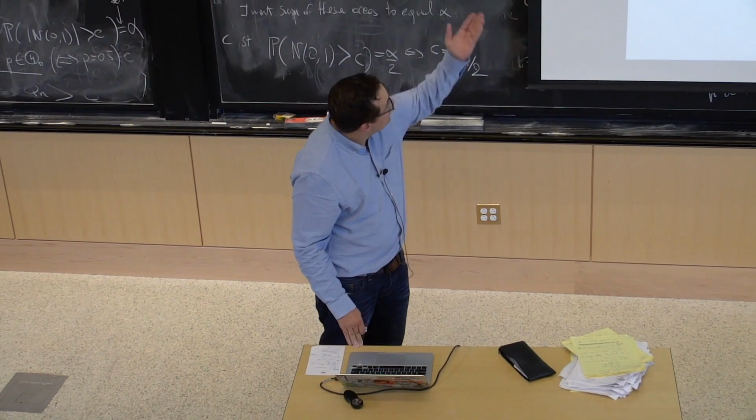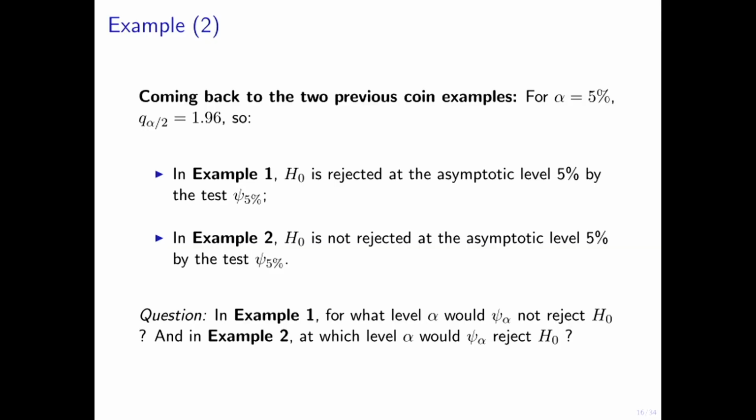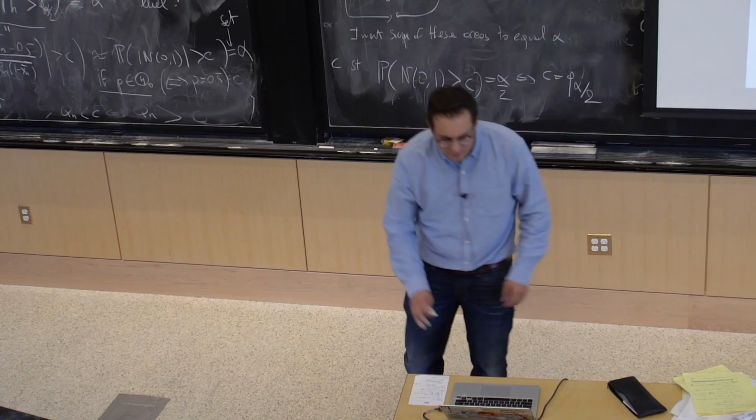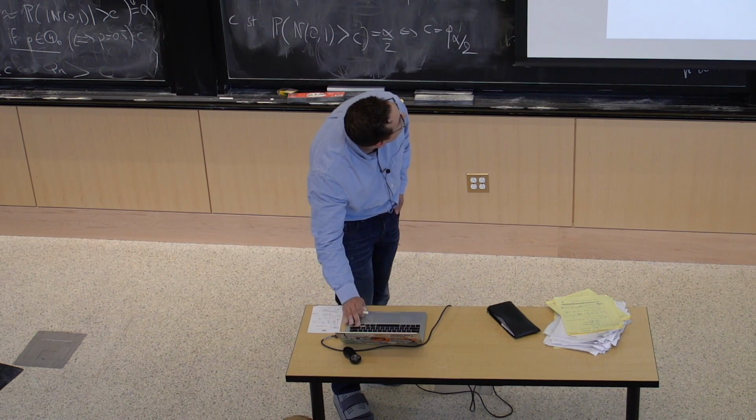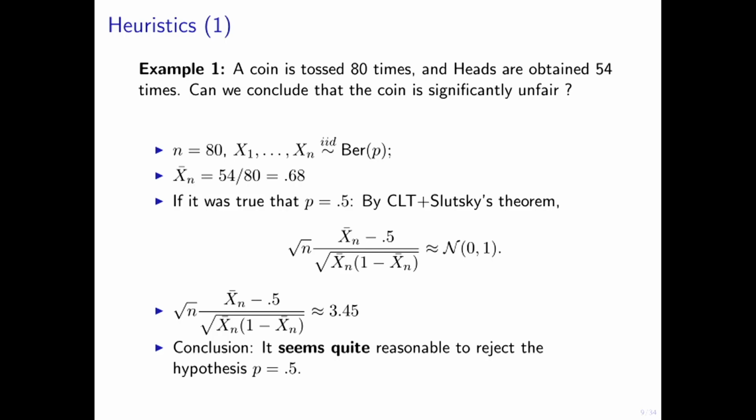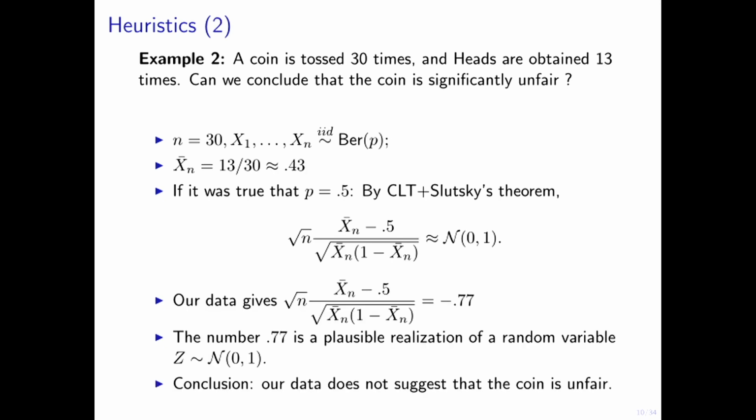So q alpha over 2 here, for alpha equals 5%, as I said, is 1.96. In example 1, the number that we found was 3.45 for t. So if we scroll back very quickly, that was example 1 at 3.45.